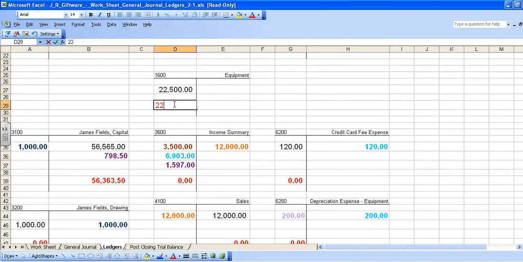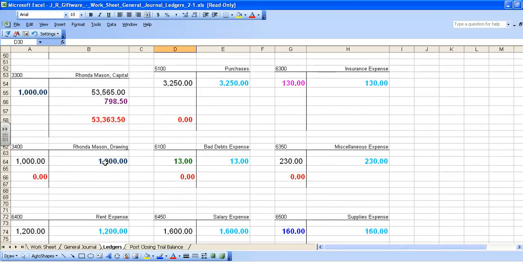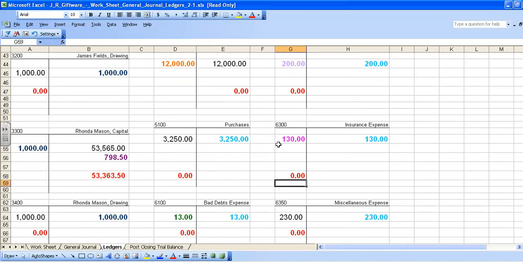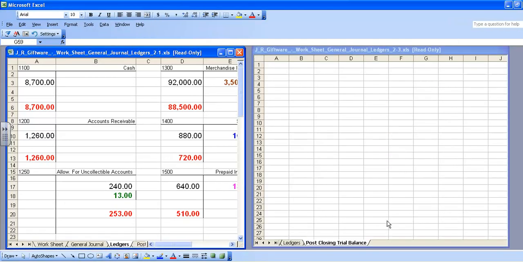And you see we have James Fields Capital done, drawing is equal to 0, Rhonda Mason Capital is done, and the remaining of our accounts should all be equal to 0. Okay, so we are going to take the account names from our ledgers to prepare our post-closing trial balance.